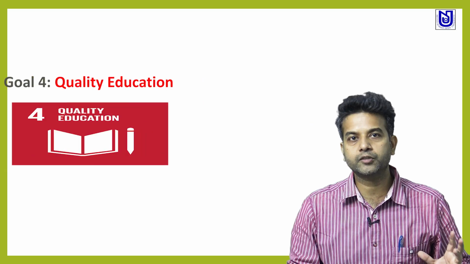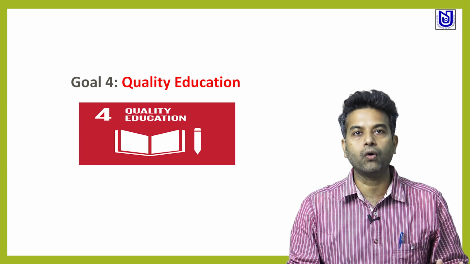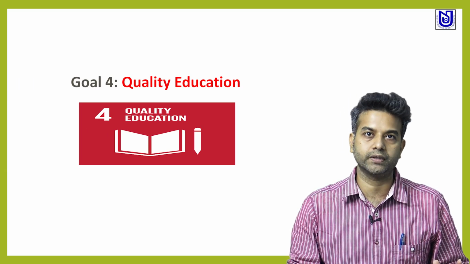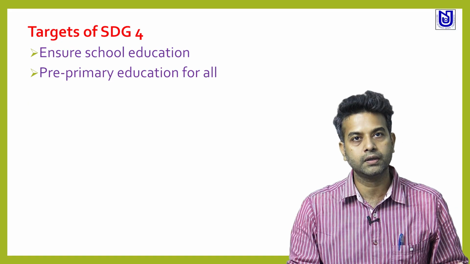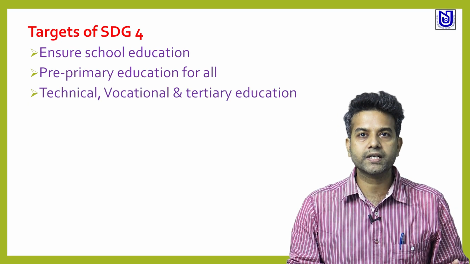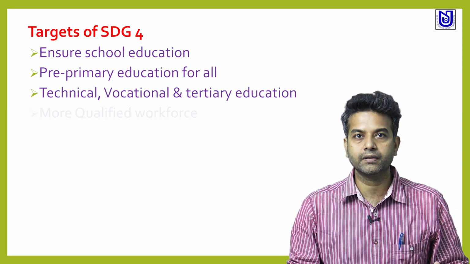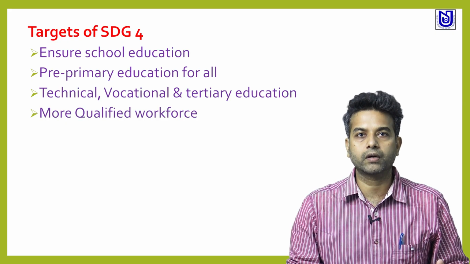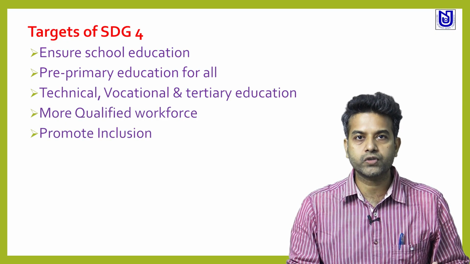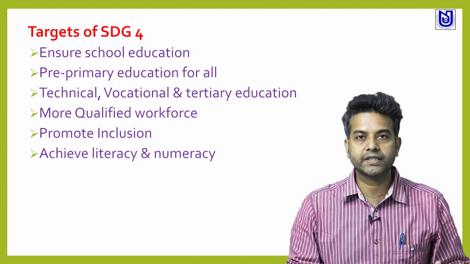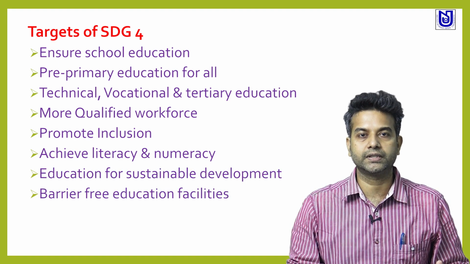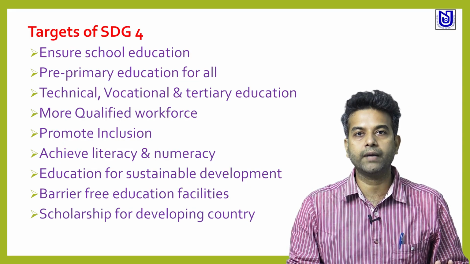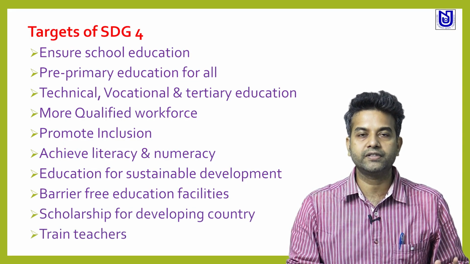Let us discuss specifically Goal 4, that is quality education. It basically focuses on ensuring pre-primary education for all, technical, vocational and tertiary education, a more qualified workforce, promoting inclusion, achieving literacy and numeracy, barrier-free education facilities, scholarships for developing countries and trained teachers.